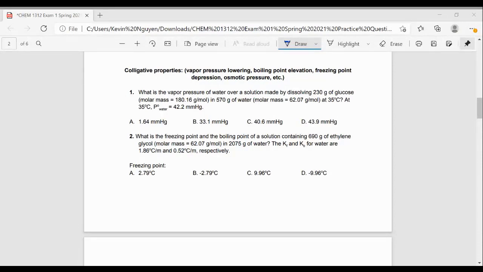Yes, so Raoult's law: the pressure of the solution is going to be equal to the mole fraction of the solvent, in this case water, times the pure pressure of the solvent, water.